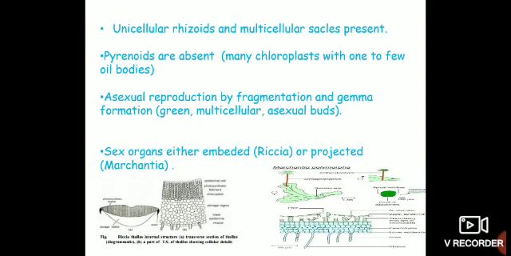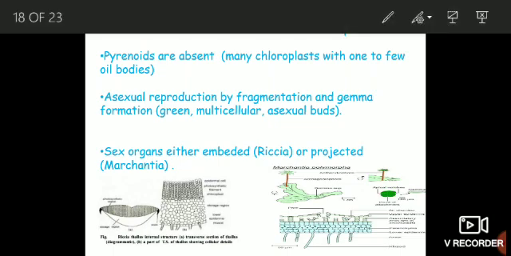The ventral surface of the thallus contains unicellular rhizoids and multicellular scales in case of these Hepaticopsida. Here you can see these are the unicellular rhizoids in case of Mertensia, which is a Hepaticopsida, okay, which belongs to Hepaticopsida. And in addition to these unicellular rhizoids, there are also present some multicellular scales.